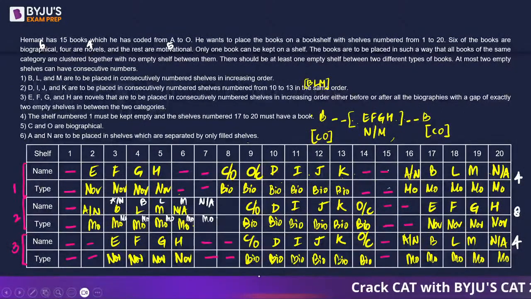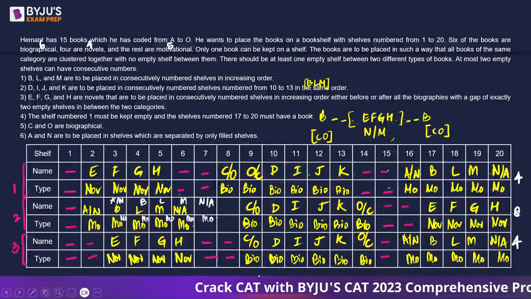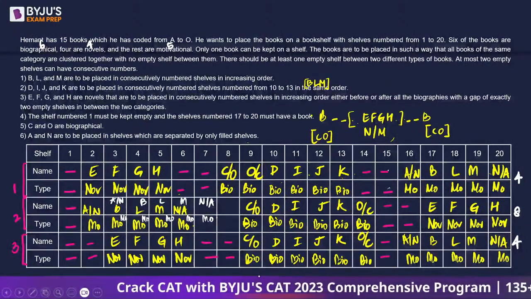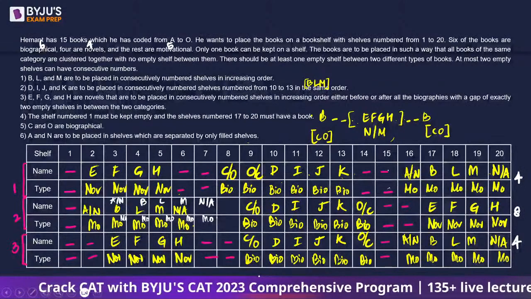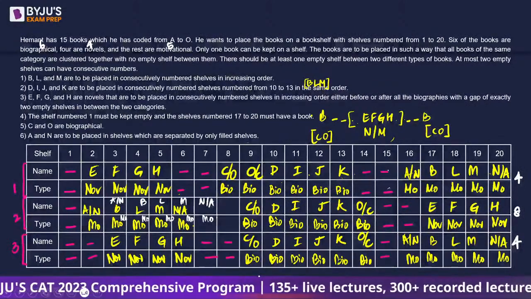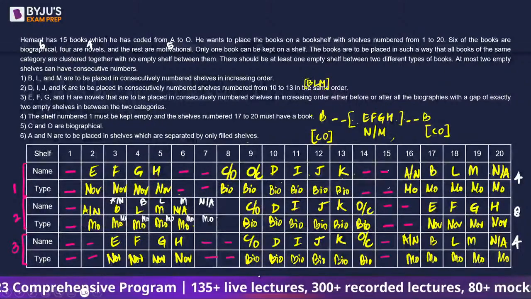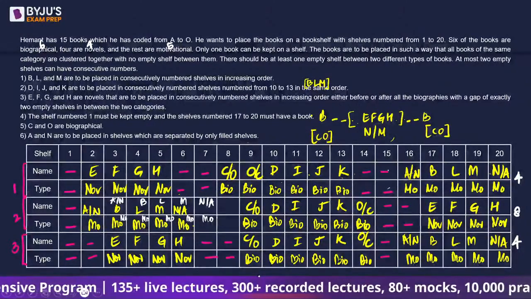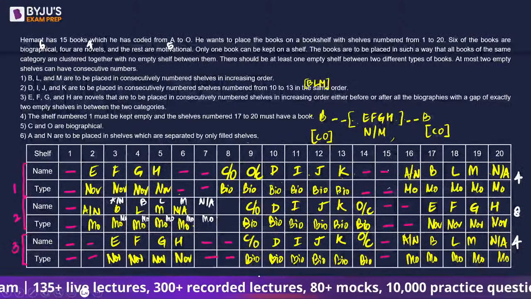Does this 6th statement say A has to be before and N has to be later? No, it doesn't.